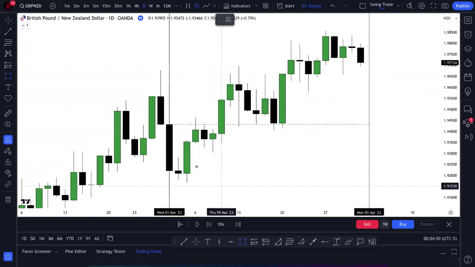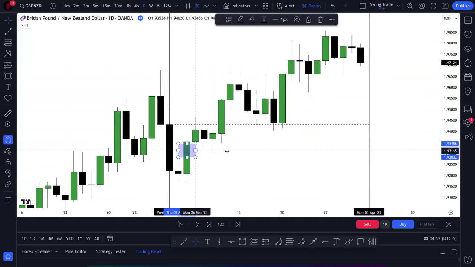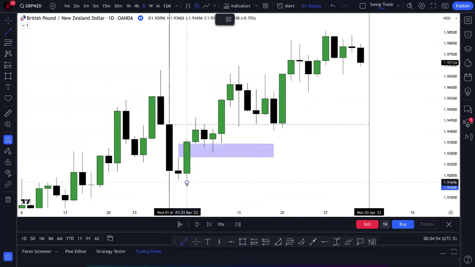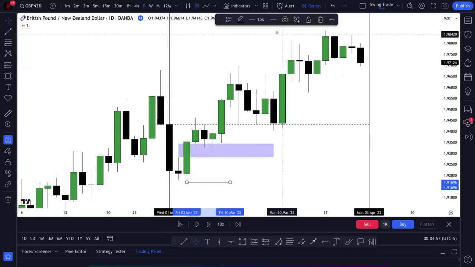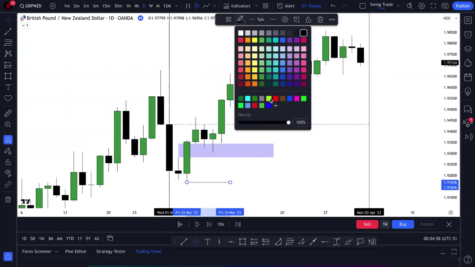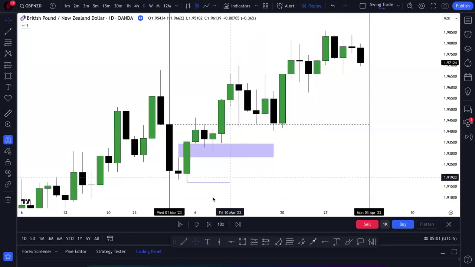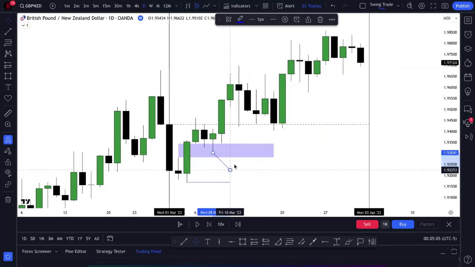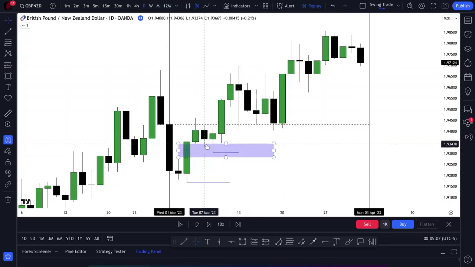Price creates a fair value gap here. Look at that, we got one. And it creates what? Like I said before, it's most likely going to create the higher swing low inside the fair value gap. And I never looked at this pair ever. I don't ever trade this pair, bro. There you go, higher swing low. 1, 2, 3. 1, 2, 3.